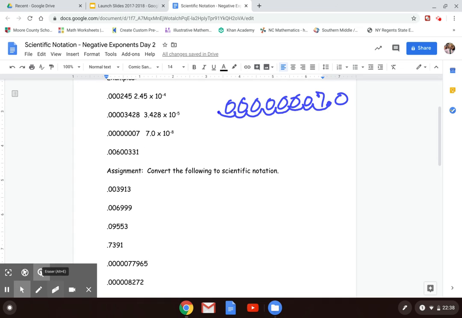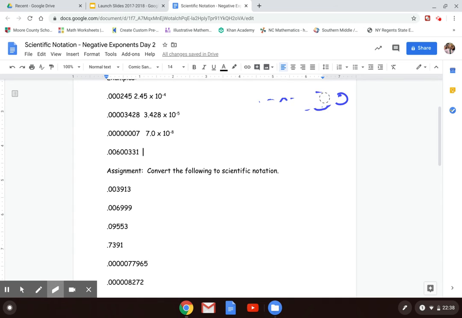And then for my last problem, hopefully you've all got this down. I have 0.0, 1, 2, so I have 2 zeros, and then 6, 0, 0, 3, 3, 1. Since all of these are significant digits, I'm going to keep them in my number.